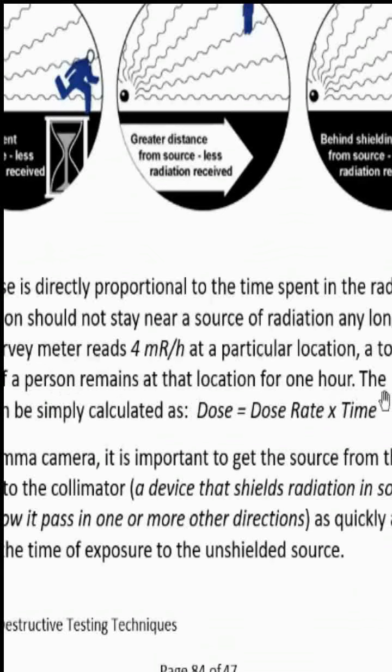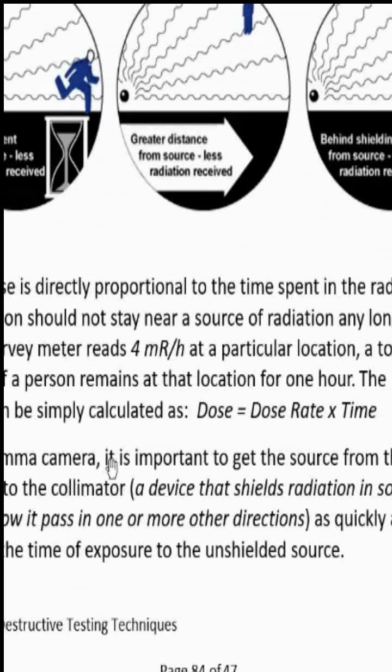So the dose a human being has received can be calculated. If he remains present for 1 hour, he is going to get 4 milliradian. But if he moves away in 15 minutes, what is the dose he has received? 4 into 15 divided by 60 minutes.